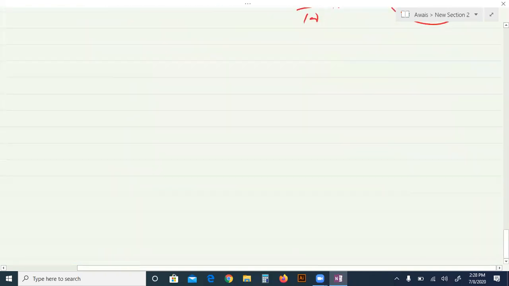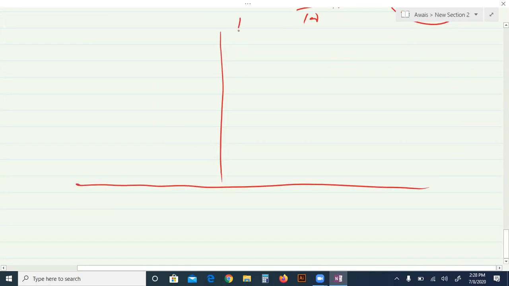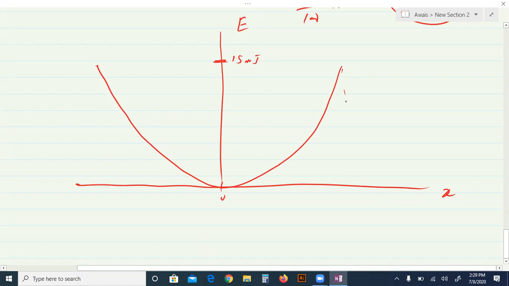Okay, now if the graph is not kinetic energy, this is energy here, this is displacement, this is the mean position. If the graph is like this, and this is the maximum 15 millijoule, and this maximum displacement is 5 centimeter, this is here say minus 5 centimeter.